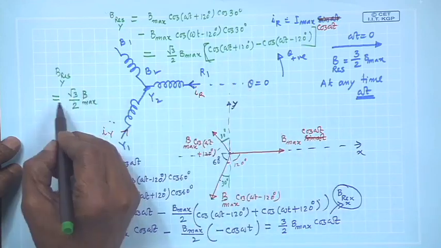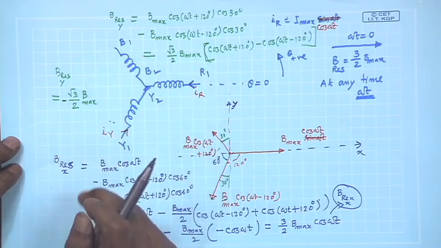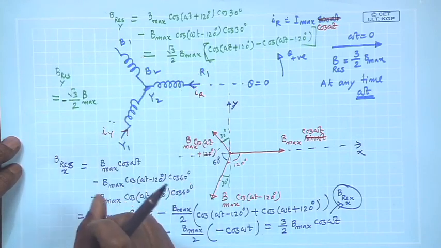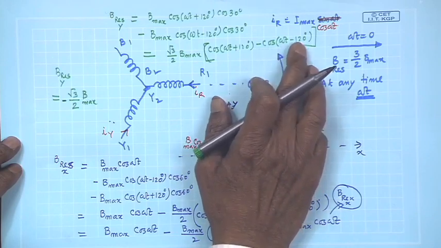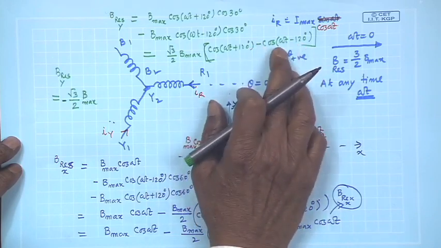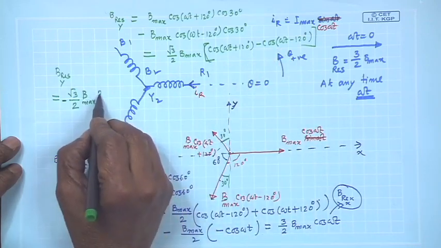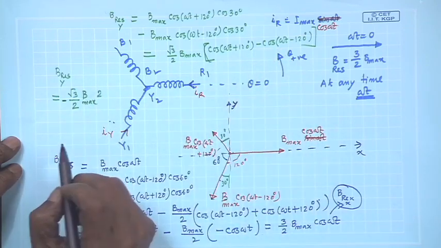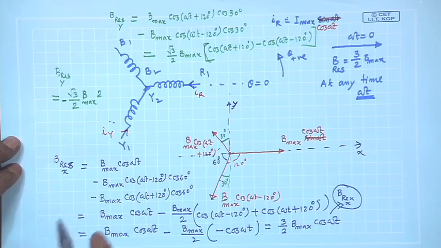This one you take this negative sign common, and you will be having cos A minus B minus cos A plus B, which means 2 sin A sin B. So, sin 120 degree is how much? Sin 60 degree.